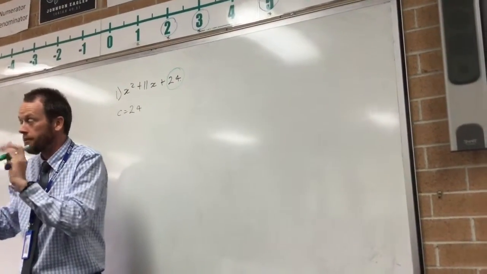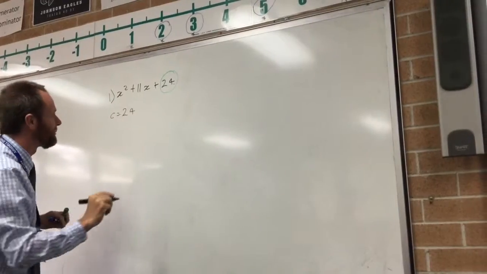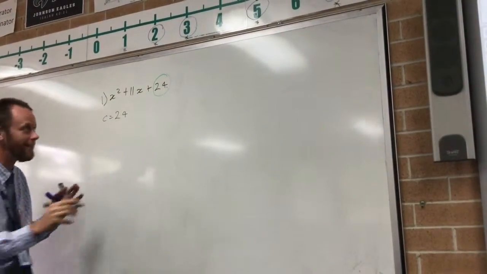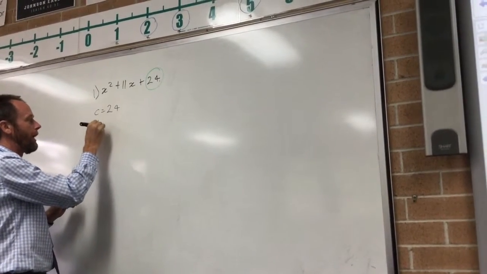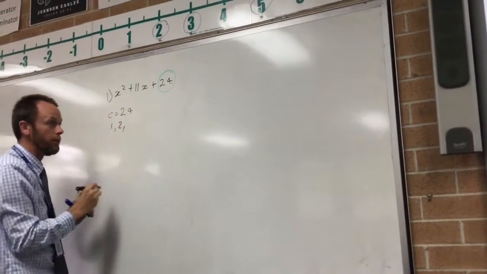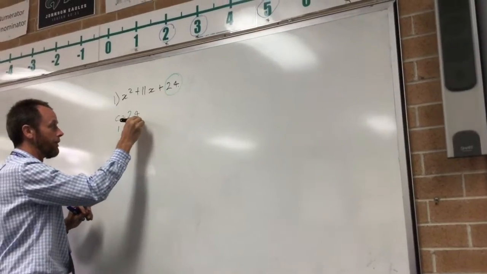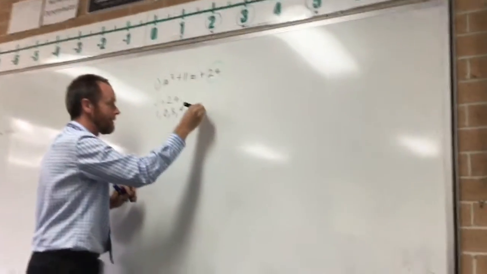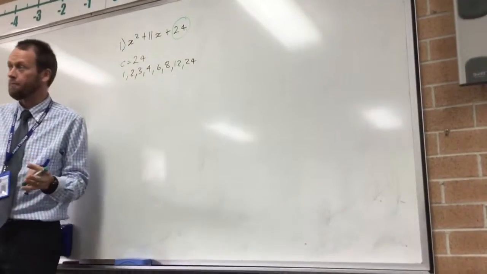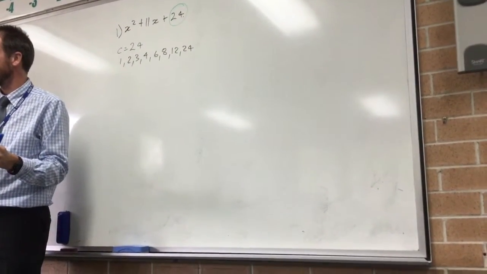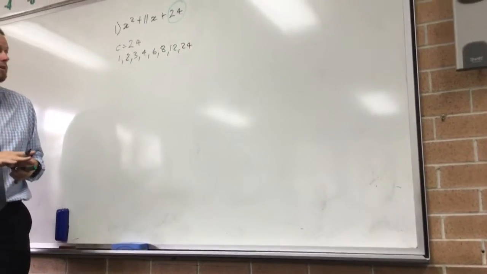There's a number of numbers that multiply to give 24, and I know you're keen. Just wait. So we could have 1, 2, 3, 4, 6, 8, 12, and 24. That's a lot of numbers.